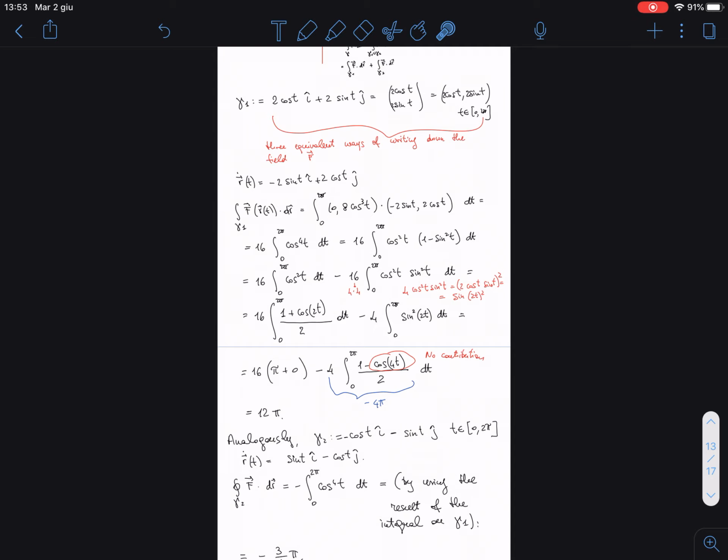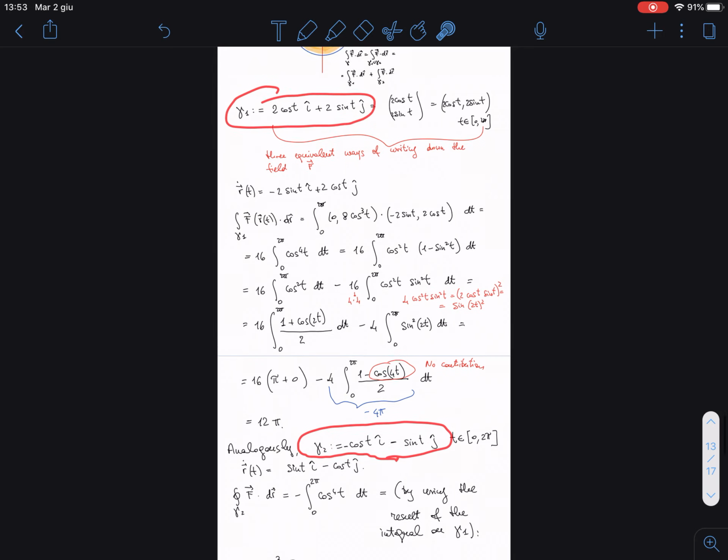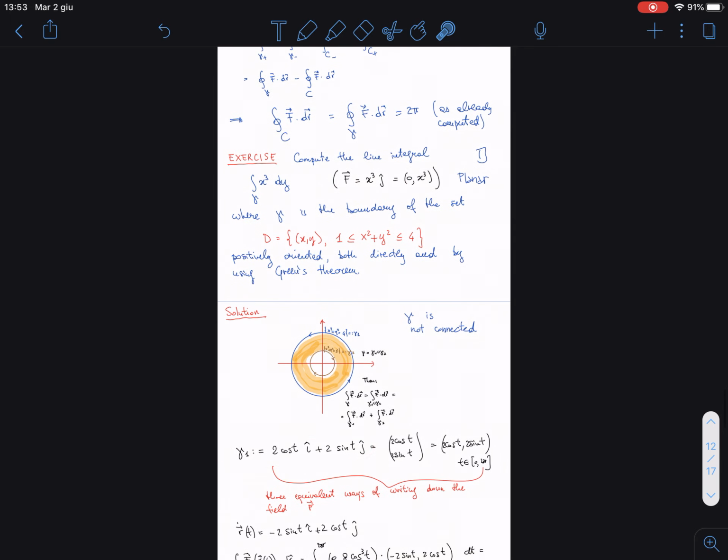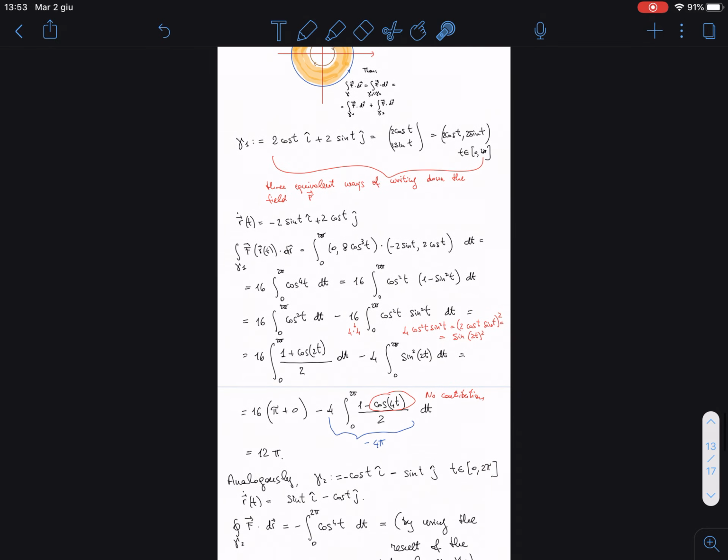Because first, the 2 is not there because the radius is 1, but most importantly there is a minus sign because here we are going clockwise. We are in the internal circle, gamma 2, here we are going counterclockwise. Here on gamma 1 counterclockwise, on gamma 2 clockwise, in order to preserve the positive orientation.